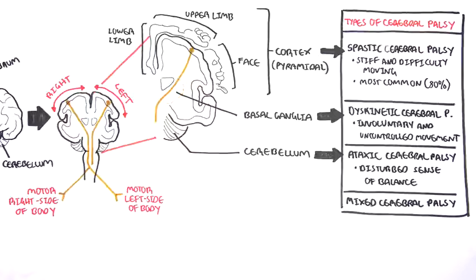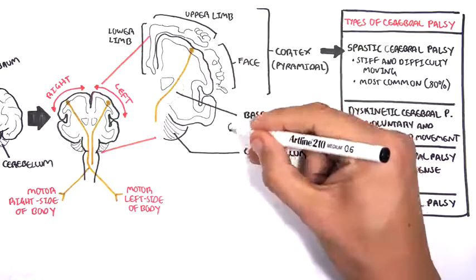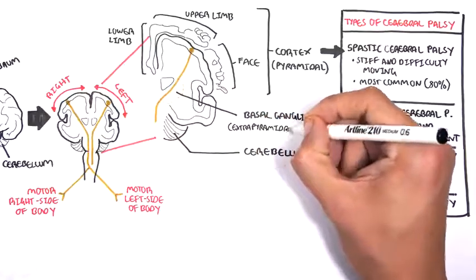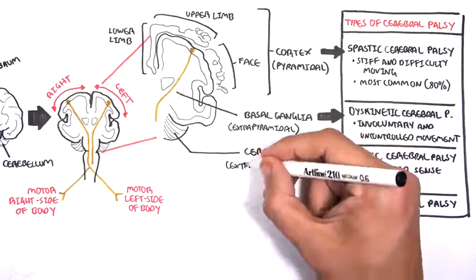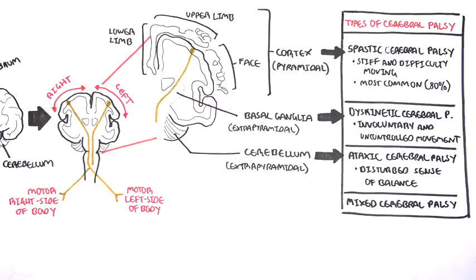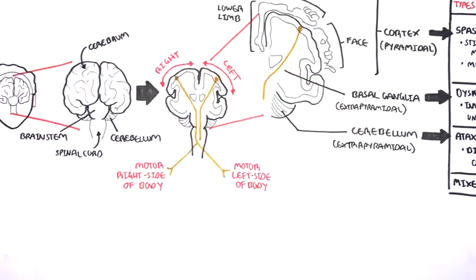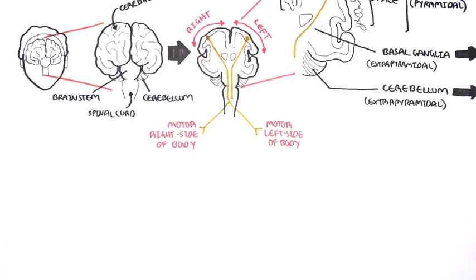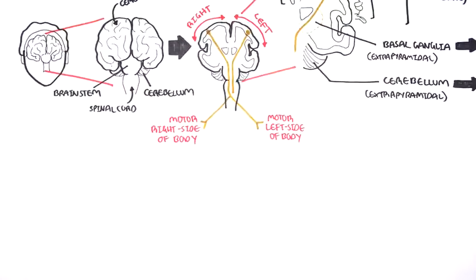While the cortex is part of the pyramidal group, the basal ganglia and cerebellum, as I mentioned, is not part of conscious control. And so it is the extrapyramidal group. Pyramidal cerebral palsy involves voluntary motor neurons. Extrapyramidal cerebral palsy involves involuntary motor neurons.